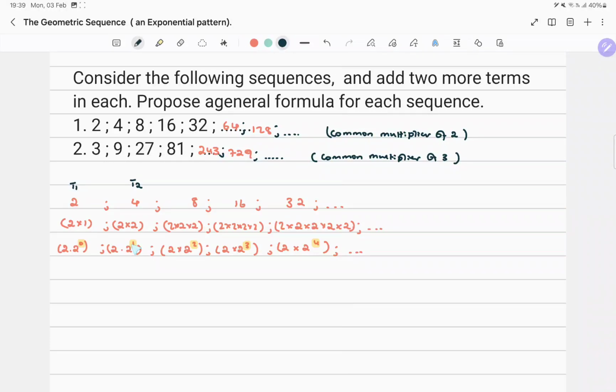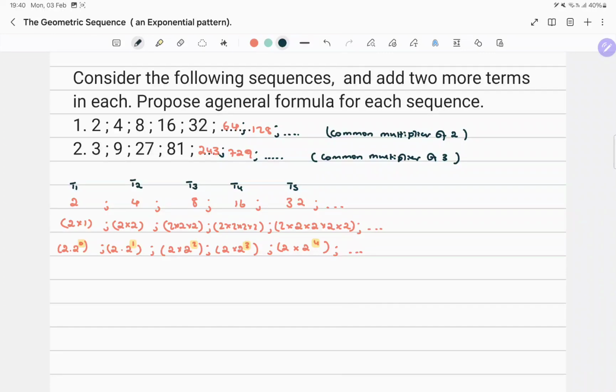Term 2, this exponent is 1 less than that term's position. Term 3, this is 1 less than that term's position. Term 4, that exponent is 1 less than that term's position. Term 5, you can see that that power is just 1 less than the term's position.